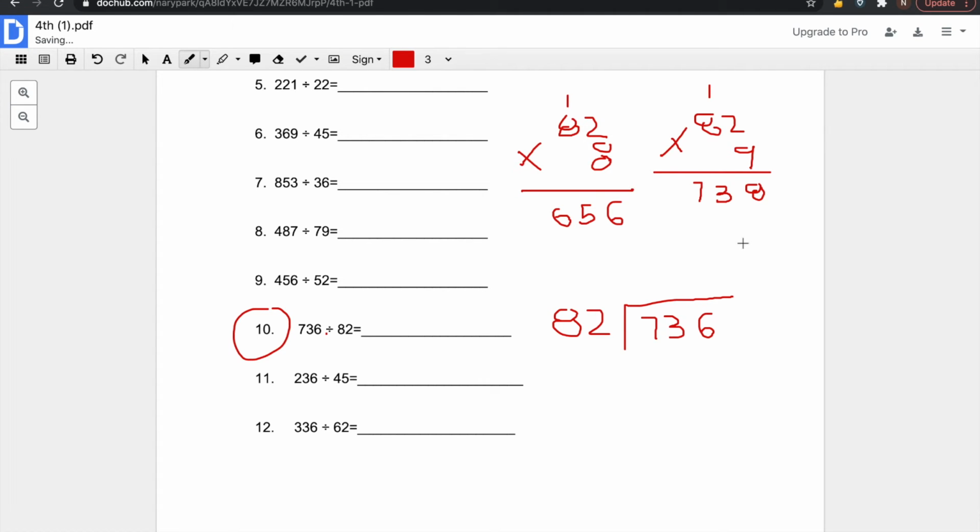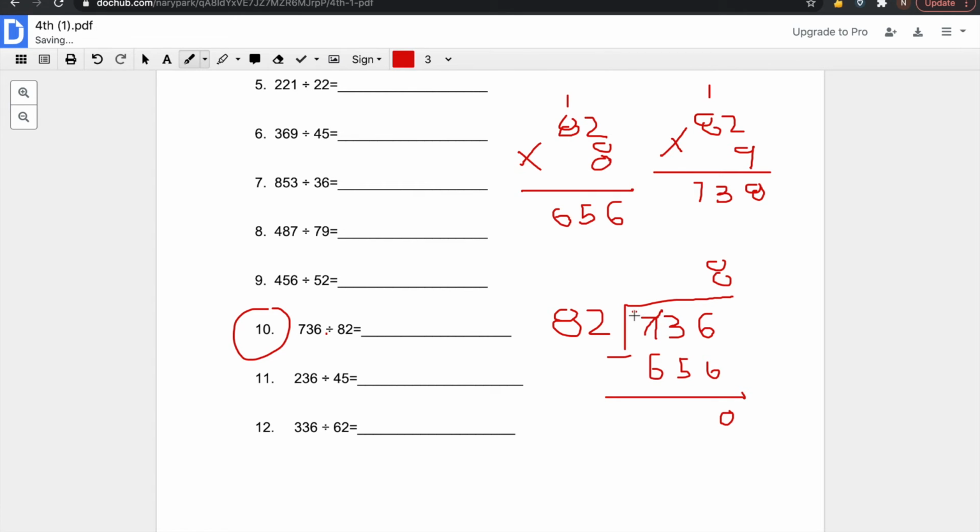Okay. Now, this is way too great, so we're going to just plug in 8. Because 82 times 8 is 656, we need to put 656 down here. Subtract to find the remainder. 6 minus 6 is 0.